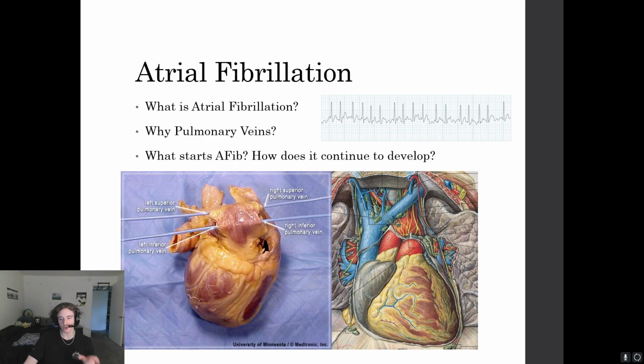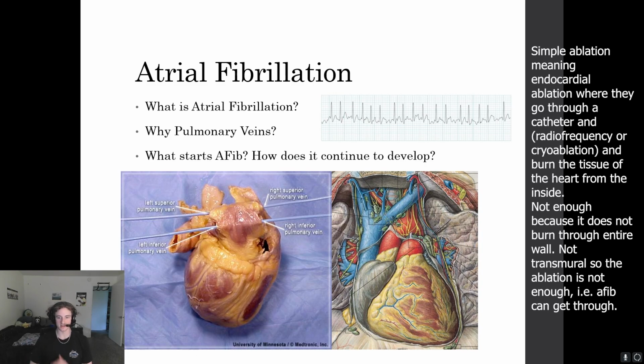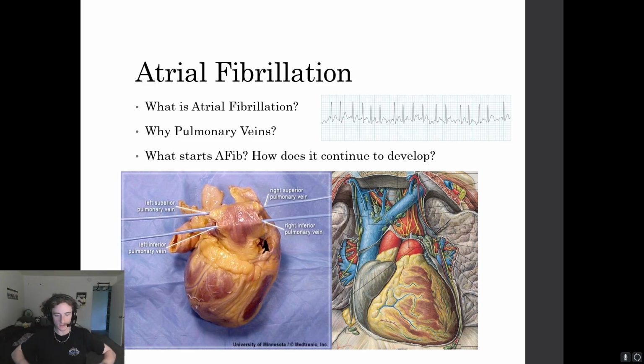What's significant clinically about this is that the maze procedure should be earlier, is kind of what I'm trying to get at, right? Pulmonary vein isolation is not enough. Simple ablation is not enough. It seems as though, once you get AFib, your heart unlocks AFib, okay?